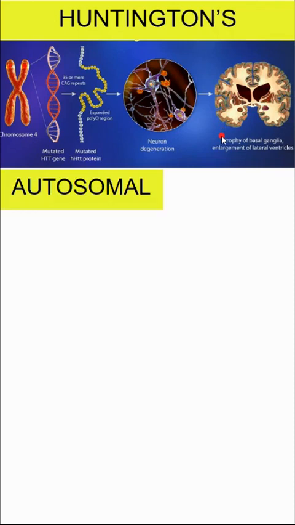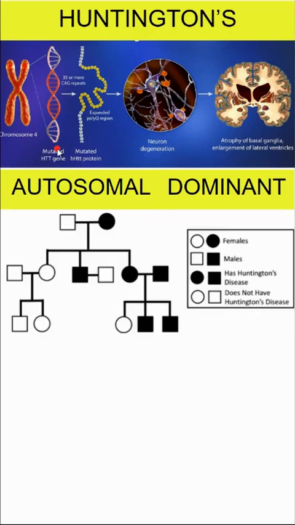It's autosomal, but it is a dominant gene, a dominant disease. So a person does not need both copies in order to exhibit this problem. They only need a single one.